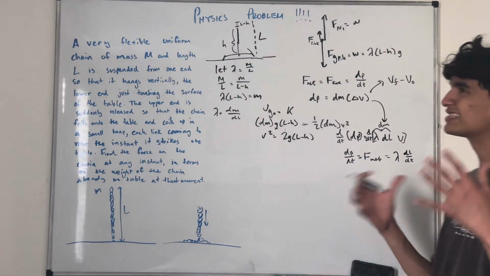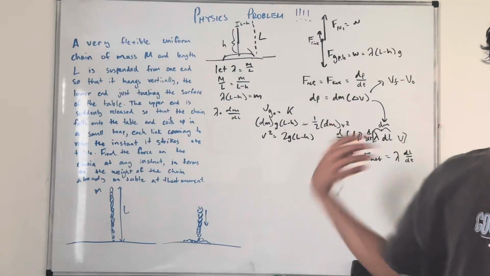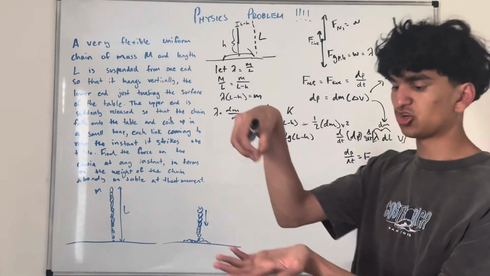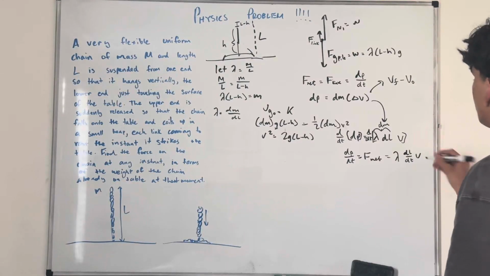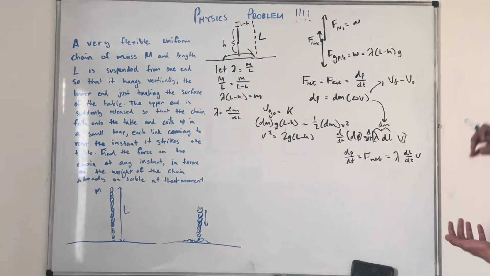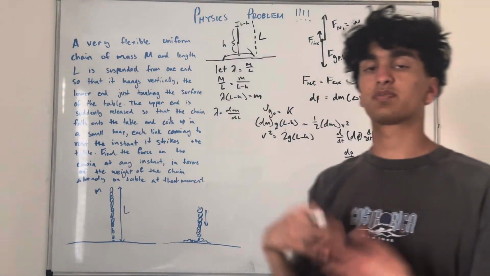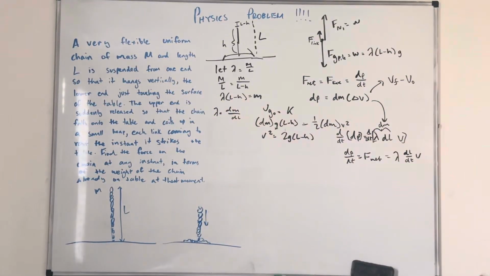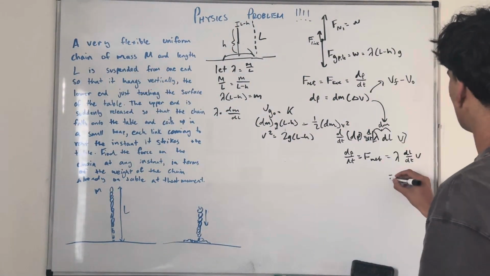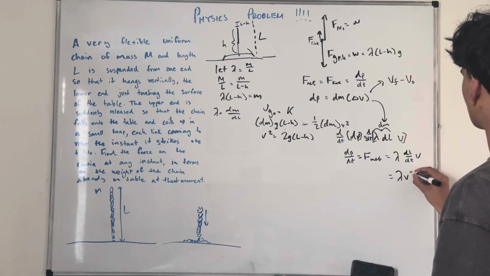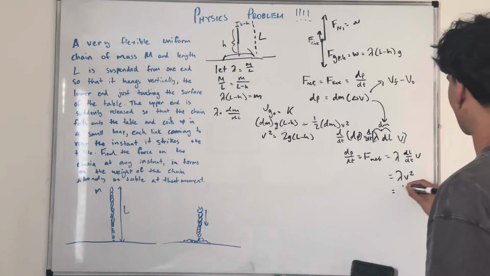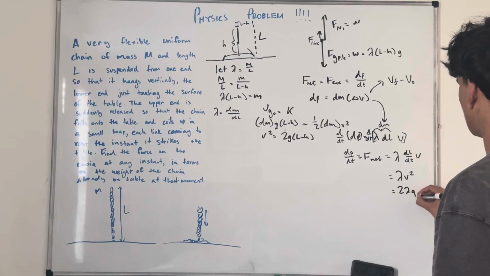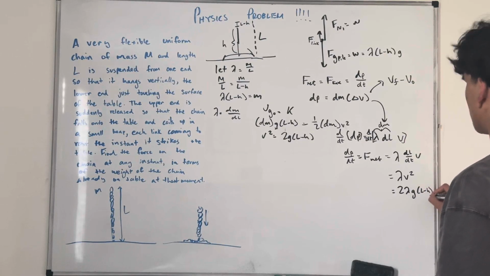Here's the thing, v is kind of a constant because v just represents the initial velocity before it hits the table, so that has to be a constant. Well, what is dl/dt? The change in length per time of the chain just ends up being the velocity. So I get lambda v squared, and v squared is 2g(L minus h). So I get 2 lambda g(L minus h).